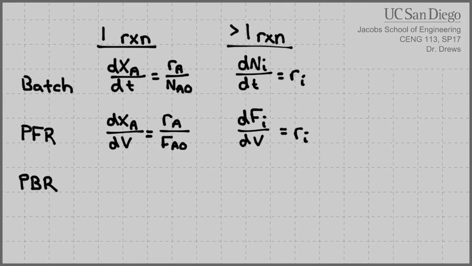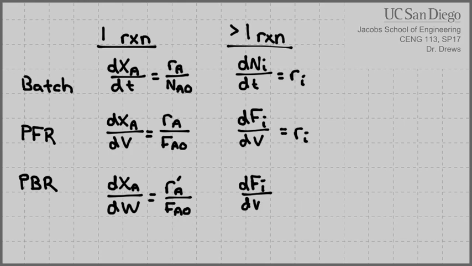So we didn't really change much going from a batch to a plug flow reactor, with the exception that instead of talking about moles N, we're now talking about molar flow rates F. And the multi-reaction form was similarly adjusted from an N to an F and a T to a V. And then finally, the packed bed reactor: dXa/dW is equal to Ra prime over Fa naught. And the multi-reaction form is dFi/dW is equal to r sub i prime.